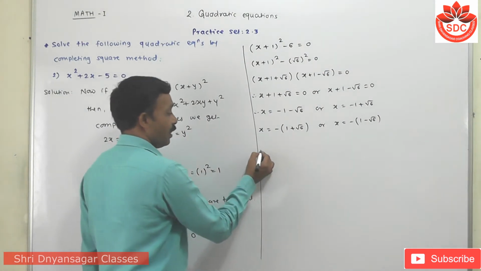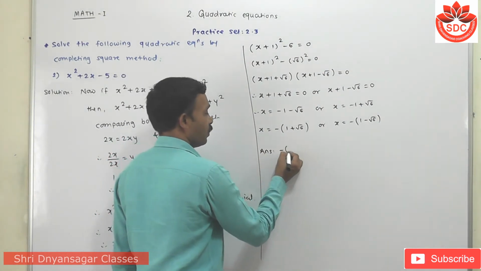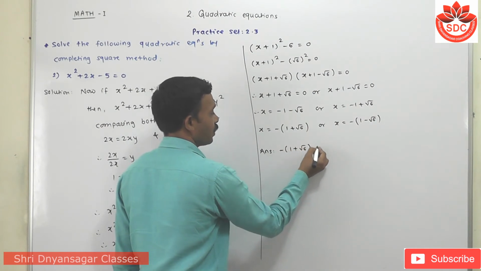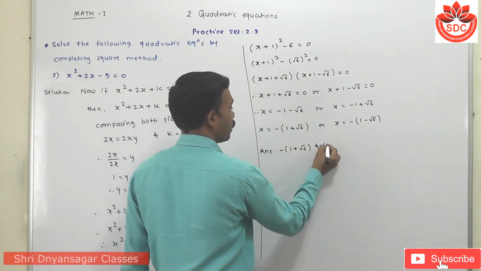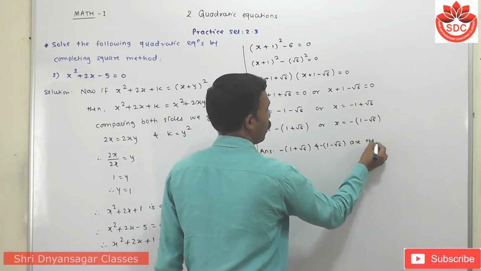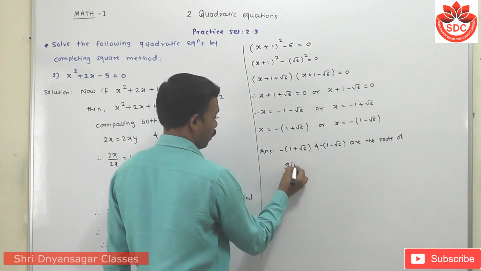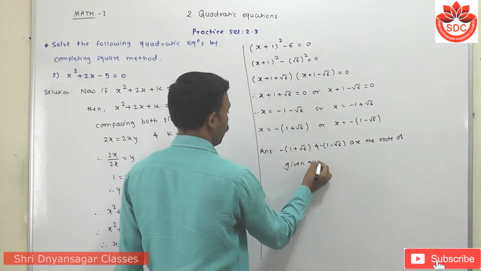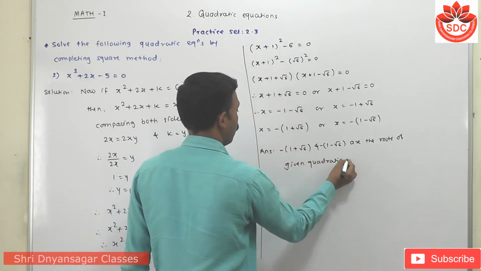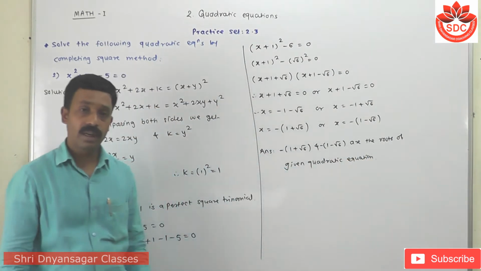The answer in a full sentence: minus 1 plus root of 6 and minus 1 minus root of 6 are the roots of the given quadratic equation by using the completing square method.